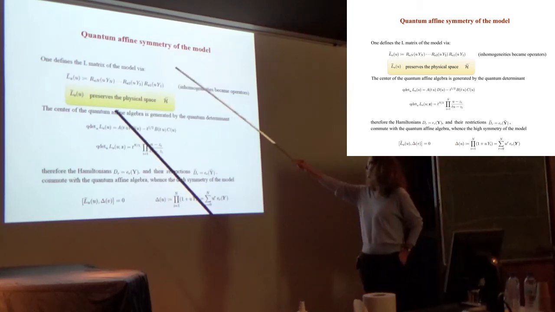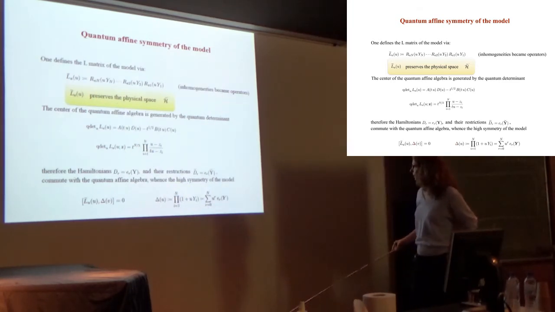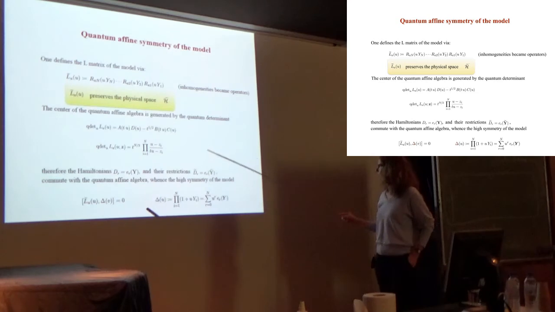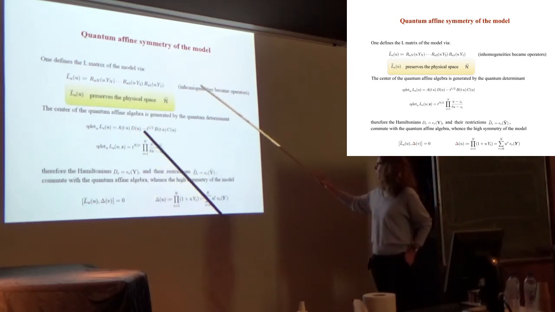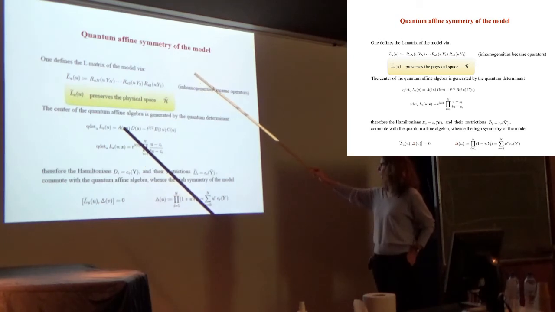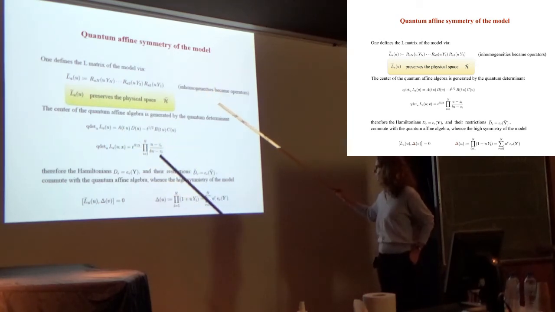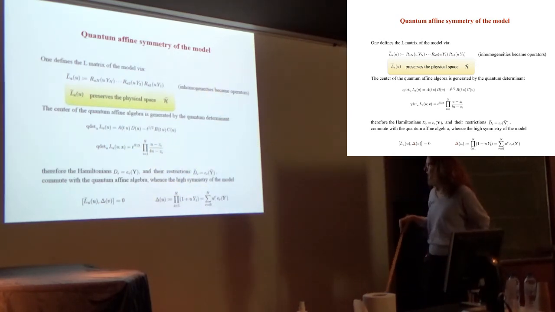And the center of this quantum affine algebra is generated by the quantum determinant, which can be defined in this way with respect to the ABCD elements of the L matrix.